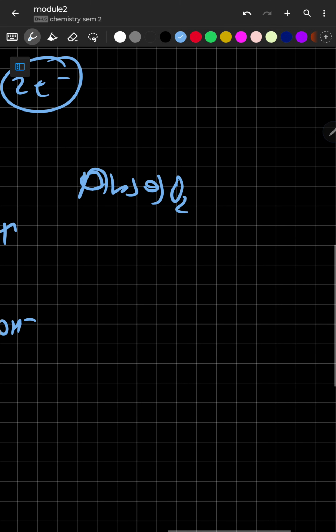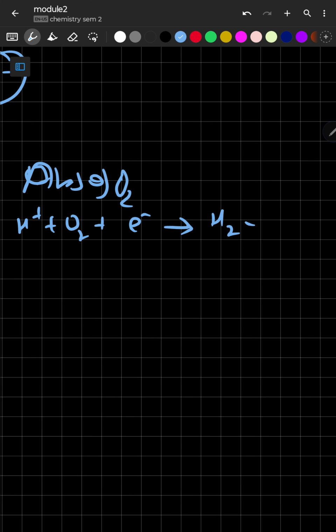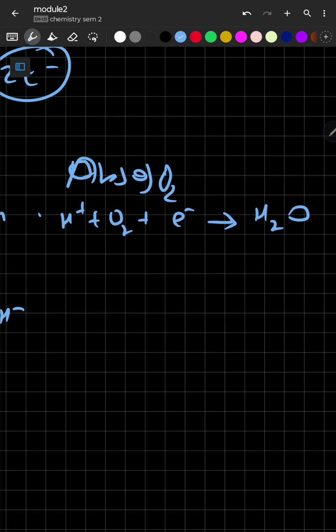In absorption of oxygen in acidic medium, you have H+, O2 plus those electrons, you have to get water here. So 2 is there, so this is going to become 4, so this is going to become 4. So 4H+ plus O2 plus 4 electrons is going to become 2H2O.